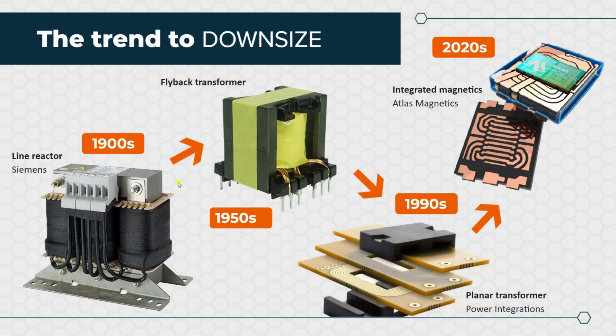The next breakthrough happened about 30 years ago with the introduction of even smaller components, planar inductors and transformers. I think the reason it took quite a long time to transition from plain ferrite core magnetics to planars was that planars require a higher degree of engineering.